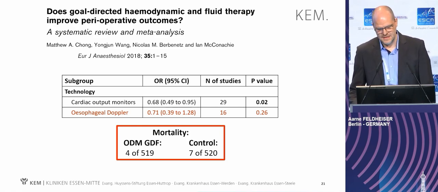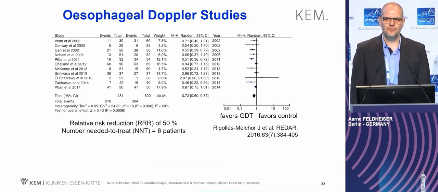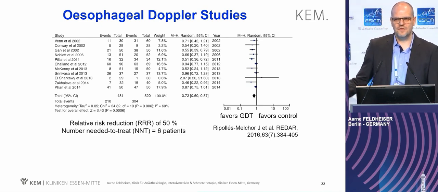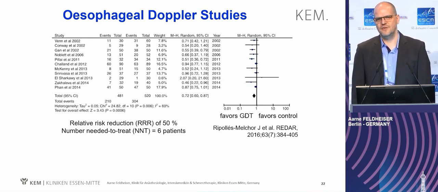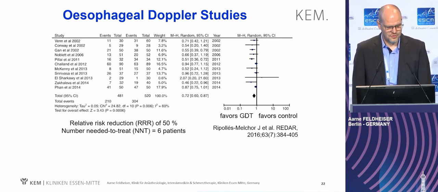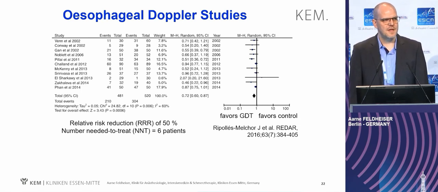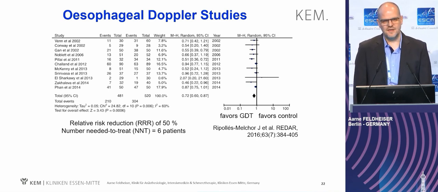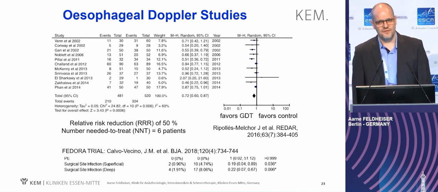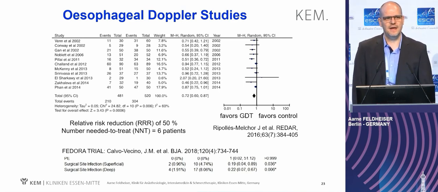But on the other side, if you look at the complication rates, in this meta-analysis we published in 2016, there was a substantial reduction in complications by the esophageal Doppler monitoring. So the evidence is quite good, and in this study we published a number needed to treat of 6 patients to reduce 1 complication.